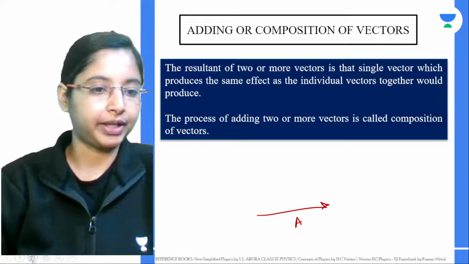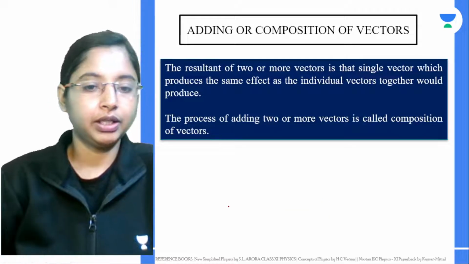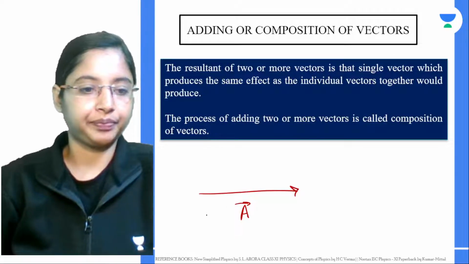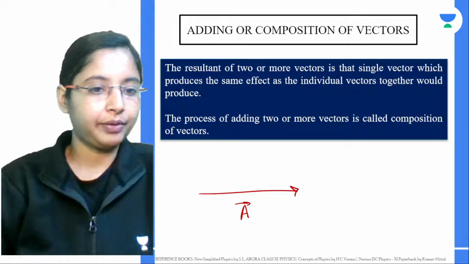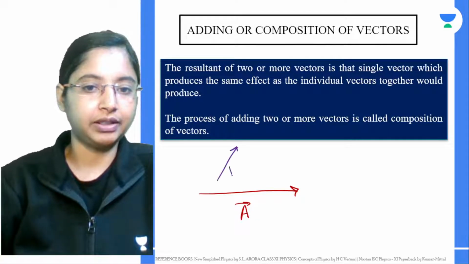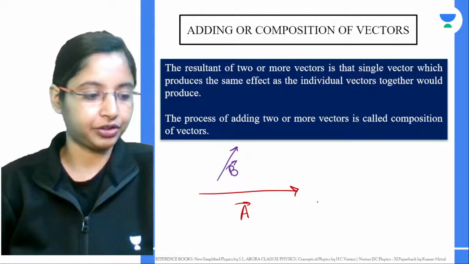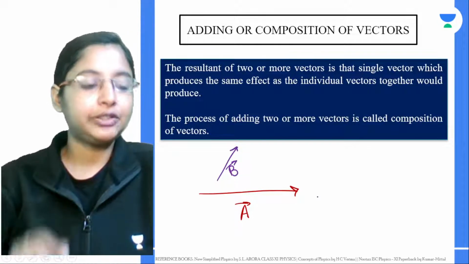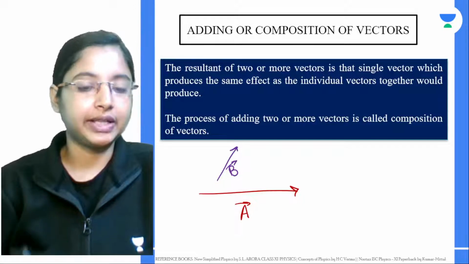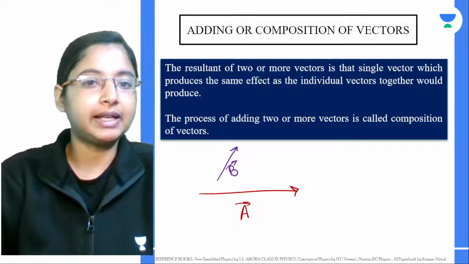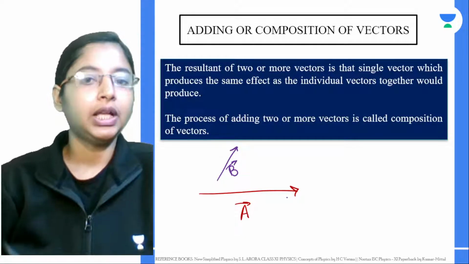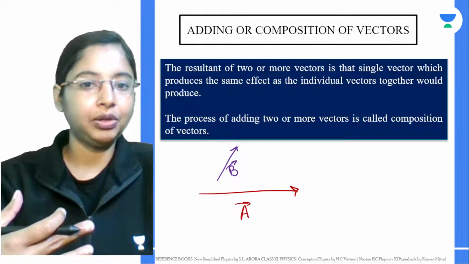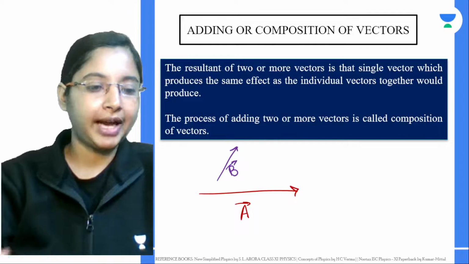Let's say there are two vectors. Let's say this is A vector that is going in this direction. Let's say there is another vector which is B vector which is going in this direction. Now if you add these two vectors, what would be its result? That would be the resultant of a vector. You can't just add vectors like how we add scalar quantities.